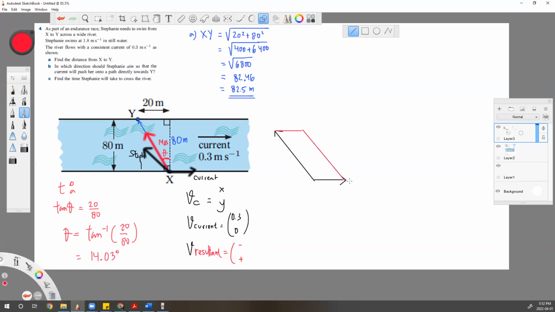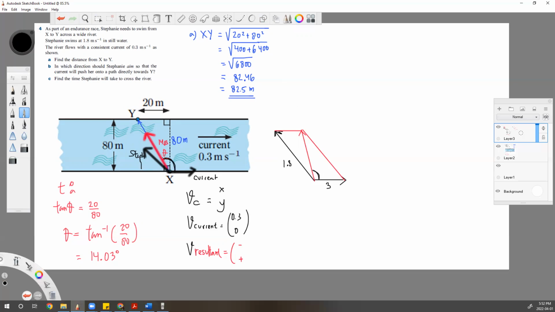Okay. So the resultant force will be about here, the red line. Stephanie is 1.8, and this is 3, right? So we need to find the answer. What is this angle?